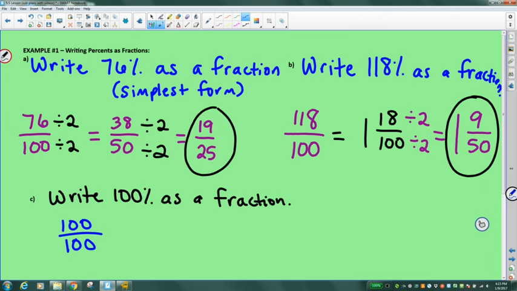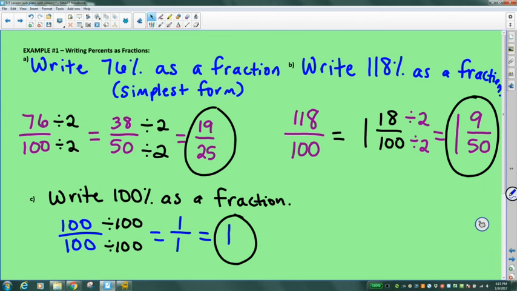They're the same number. So to simplify, I can divide them both by 100. 100 divided by 100 is 1, and 100 divided by 100 is 1. I know 1 over 1 is simply 1. So my simplified version of 100% is 1.